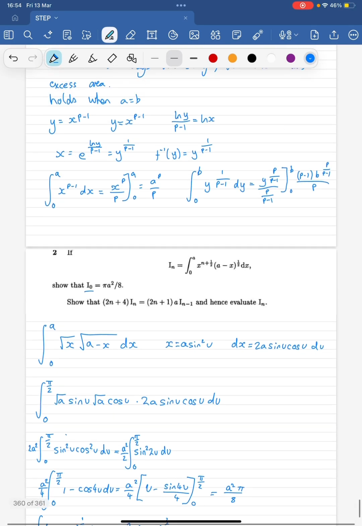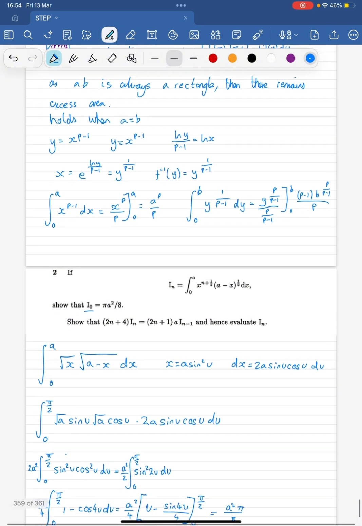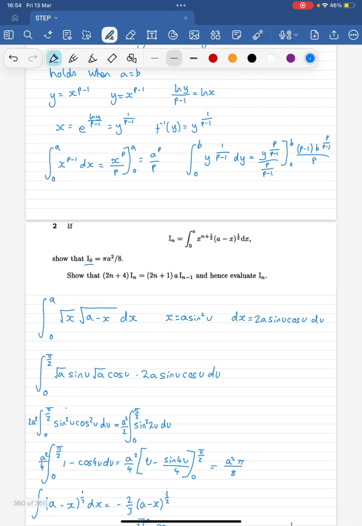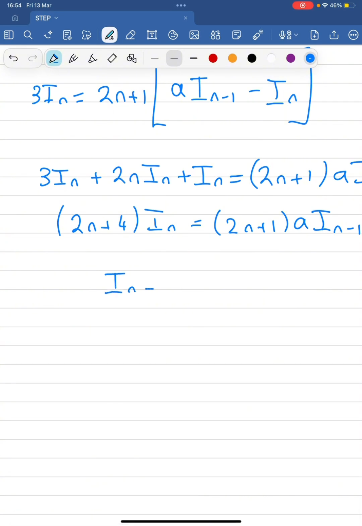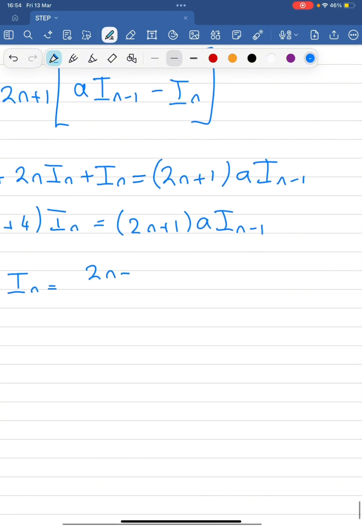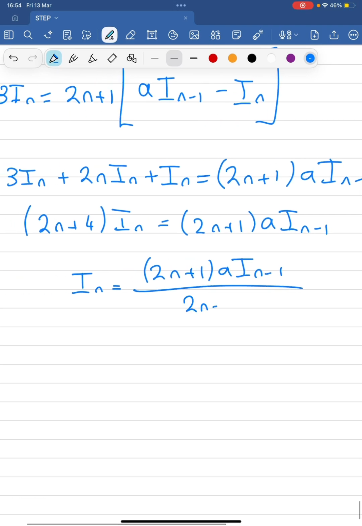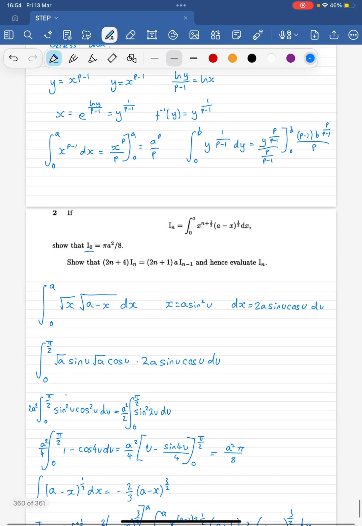Cool. So we have this relation now. And if we have this, and we also have I 0, we can work out I 1, and hopefully keep generalizing. So I n equals 2n plus 1 a I n minus 1 over 2n plus 4, and I of 0 equals pi a squared over 8.